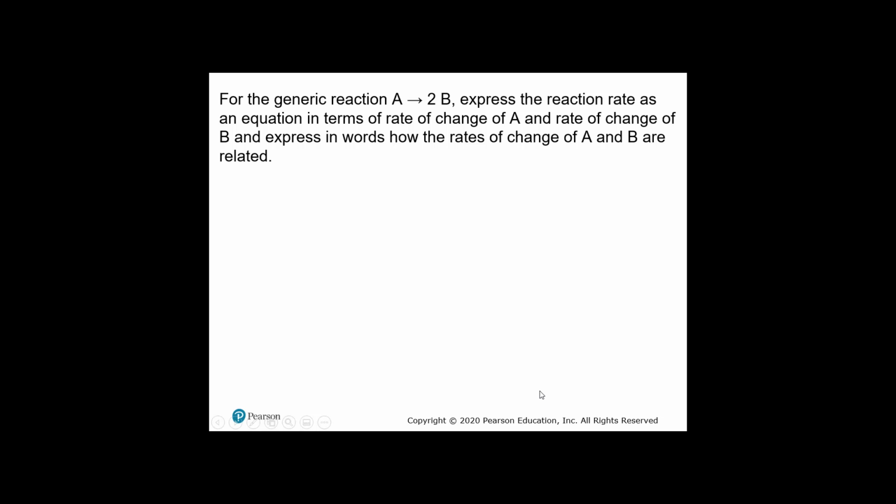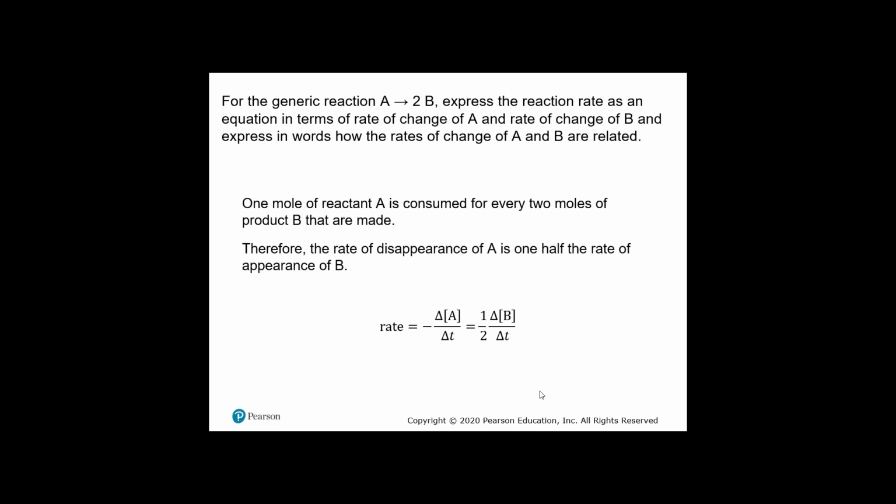So for a generic reaction of A producing 2 moles of B, express the reaction rate as an equation in terms of the rate of change of A and the rate of change of B, and express in words how the rates of change of A and B are related. So it's everything that we've just covered. You set up the reaction rate, but first let's look at the words to explain this. 1 mole of reactant A is consumed for every 2 moles of product that are made.